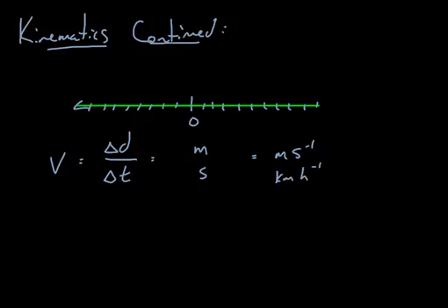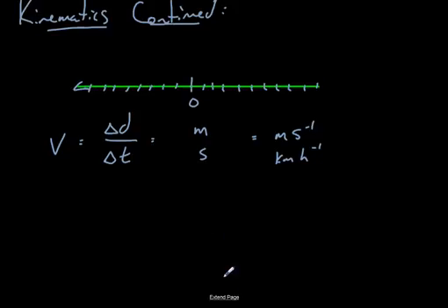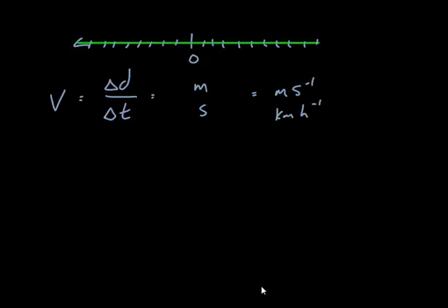Okay, so there's a little bit of a correlation to graphing here. Let's say we have an object moving along towards the right. I'm just going to remind you of some stuff that you did last year real quickly because we're going to use it to build on what we're doing this year.